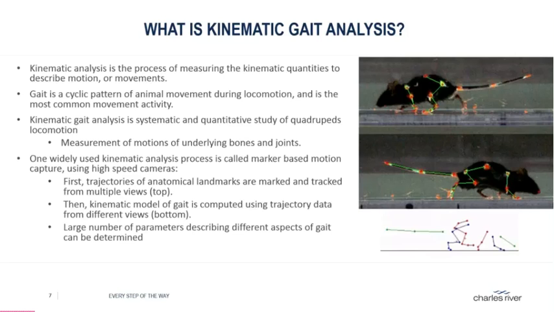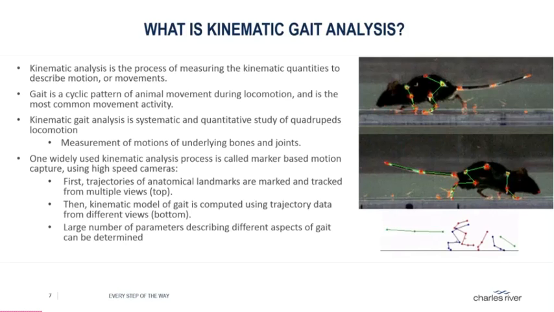Animals with four limbs use a variety of different gaits at various speeds, from slower walk to faster trot and gallops. So, kinematic gait analysis can be defined as the systematic and quantitative study of animal locomotion, and the aim is to measure the motions of underlying bones and movements of each joint.